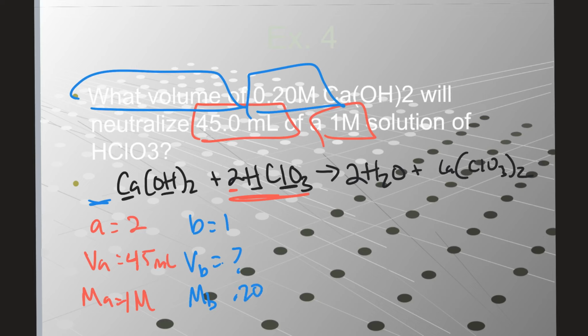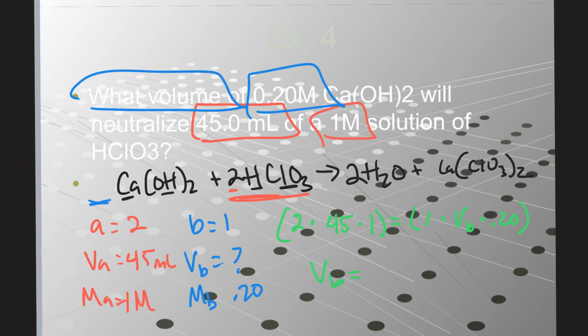If I set this up according to the equation, then we know that it is 2 times 45 times 1 equal to 1 times VB times 0.20. I'm going to solve for VB.